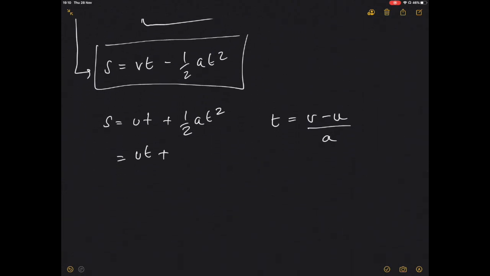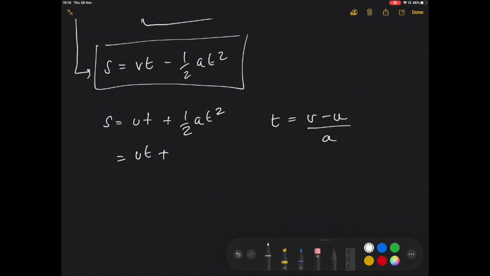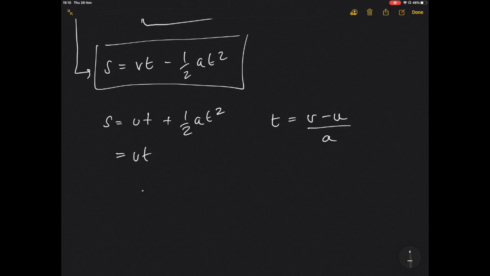We'll put it in terms of a, which is a equals v minus u over t.